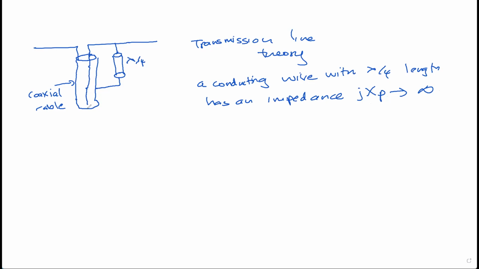Once we connect a balance like this to the dipole antenna, there's no effect from this connected balance or this conducting wire to the antenna system, because the impedance of this balance is reaching infinity, and once it is connected in parallel with the antenna feed point, then because of the parallel connection, the resulting impedance at the feed point is equal to the antenna impedance.